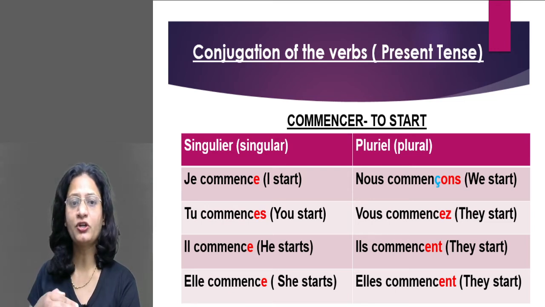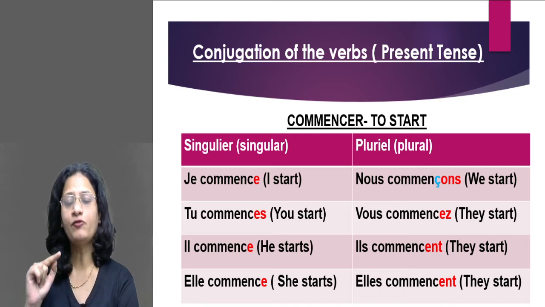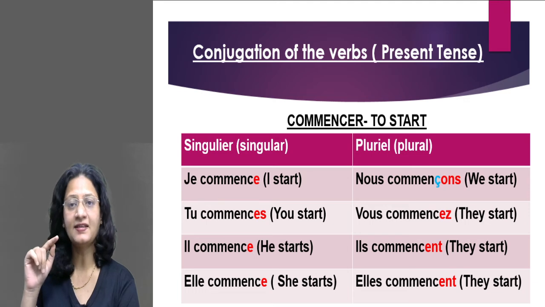So the pronunciation and the other conjugations are the same, e, es, e, but only for nous there is a c cédille.